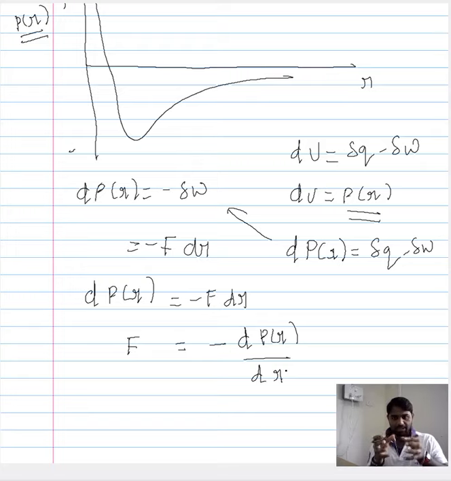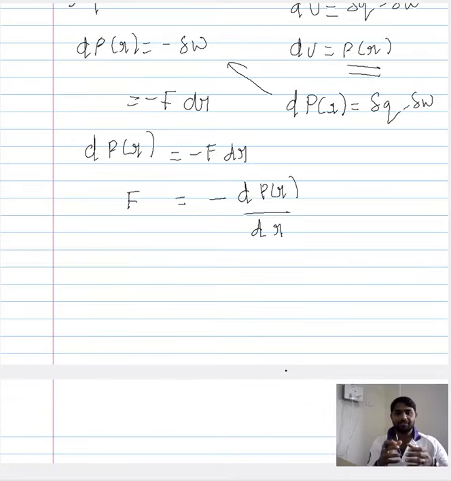The force acting on an atom that causes a displacement is the first derivative of the interaction potential energy with respect to its position. That is what we have arrived at from our understanding of the first law of thermodynamics.